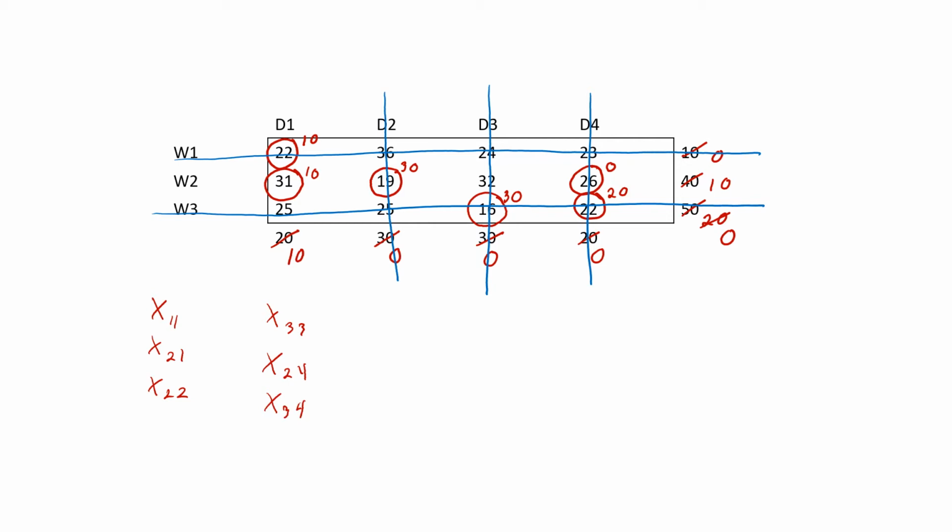Those are going to be my basis elements in my linear program. That's not important right now for the algorithm. I just want to point out that when I do this, I end up circling 6 items. Those form a basis in my linear program.